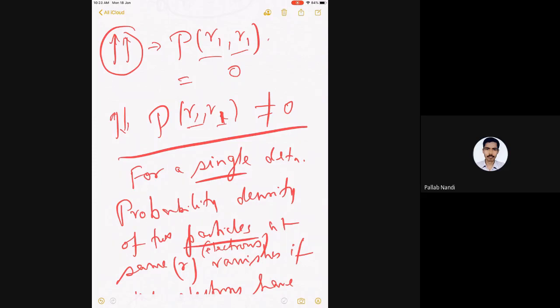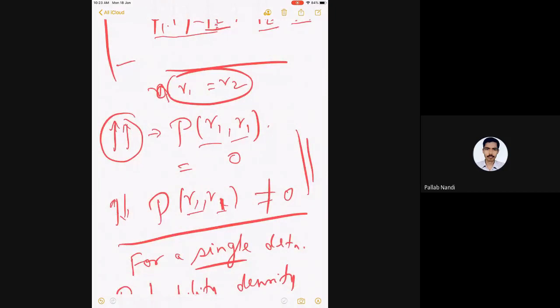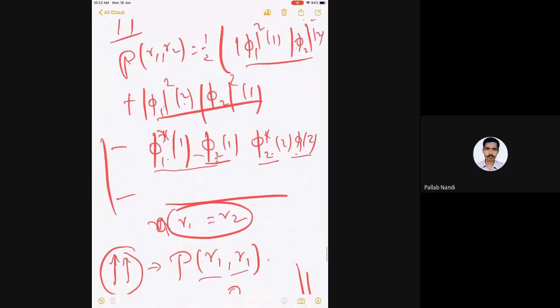There is a similar argument in terms of energy, and we will see this will actually lead to what is called Hund's rule. For parallel spin, we'll see why this probability density becomes zero, because there are Coulomb and exchange effects.